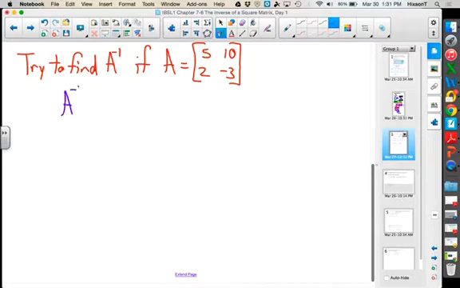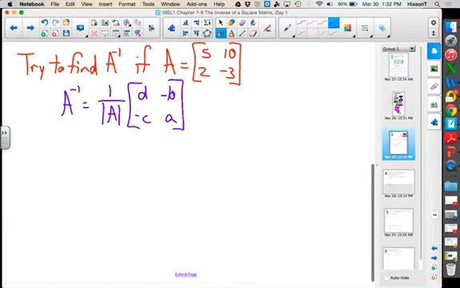Remember, the inverse is 1 over the determinant of A times D, negative B, negative C, A. Oh, yeah, that's easy.